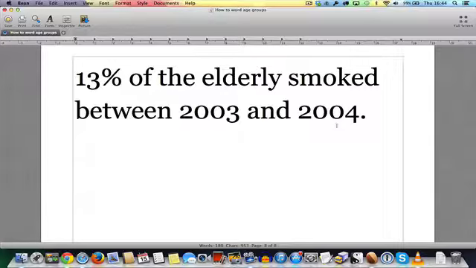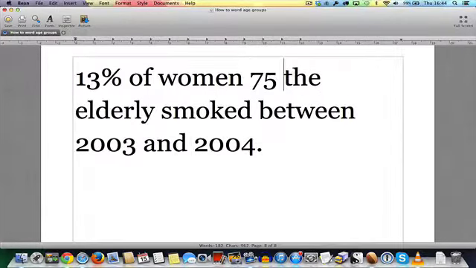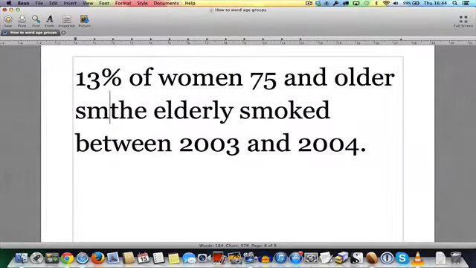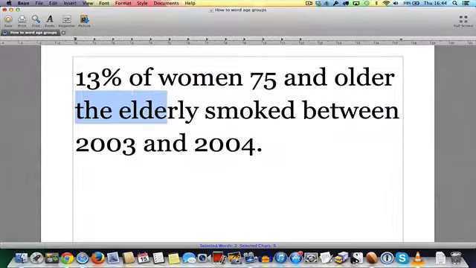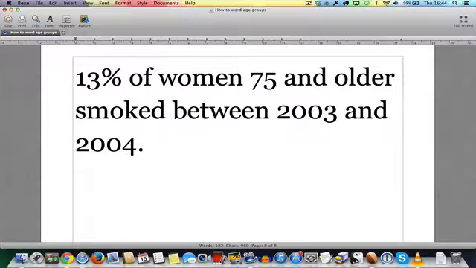So this would not be correct. We would have to change this to 13% of women 75 and older smoked between 2003 and 2004.